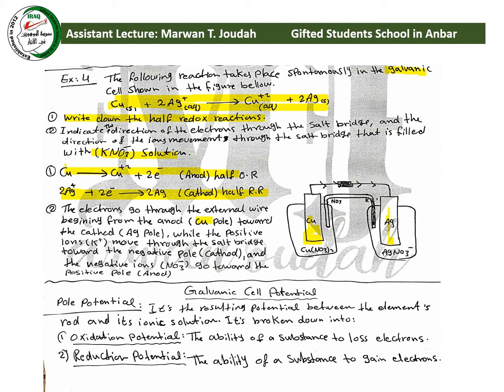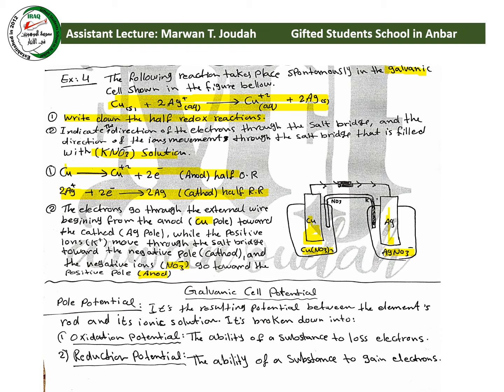K is the positive, and NO3 is the negative. So it's obvious that the Cu and Ag ions are positive, so they will bind to NO3, which is right here. That's the direction of what's going to happen inside the cell. That's all we need. It's simple. Now let's move to the galvanic cell potential.